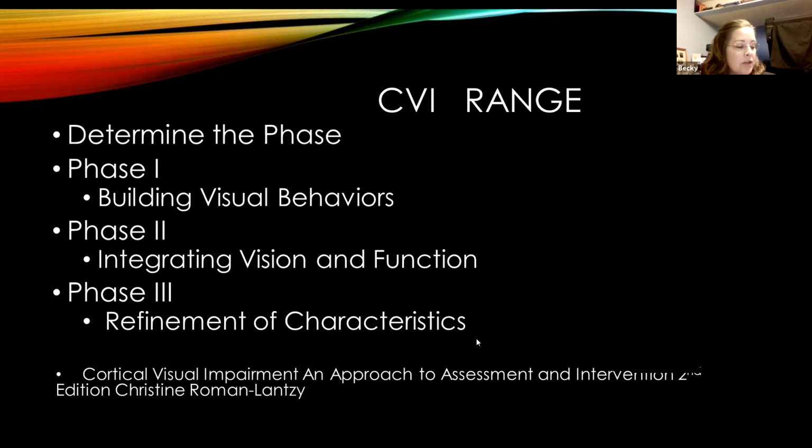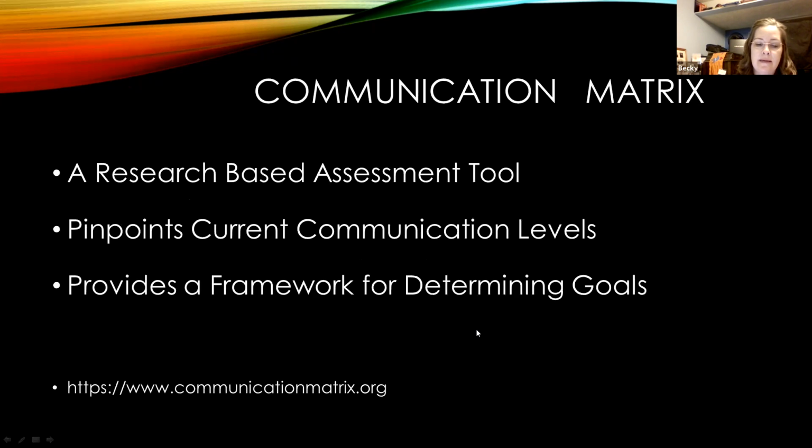After we determine the phase, then we can determine the next steps for how to work with our students with CVI. All right, next slide. Something that goes hand in hand with the CVI range in assessing our students is the communication matrix. And the communication matrix is a research-based assessment tool. It pinpoints current communication levels, and it provides a framework for determining goals.